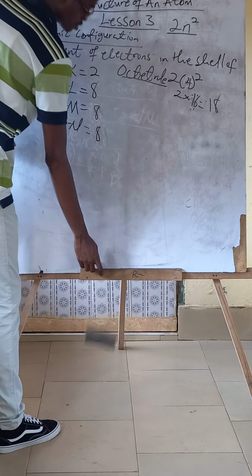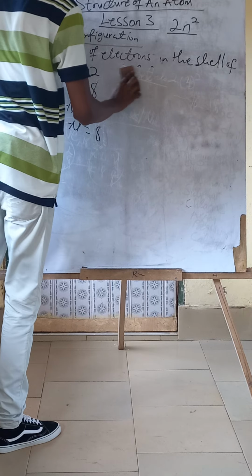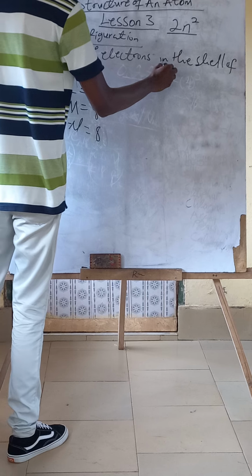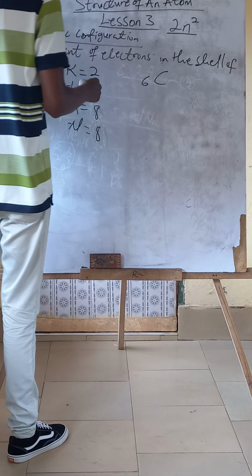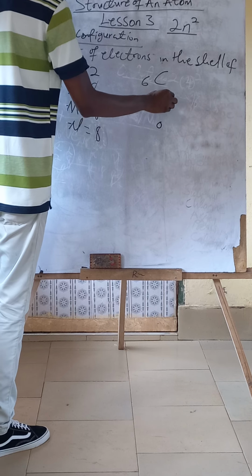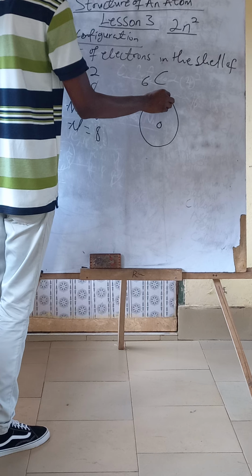So let's see how you can arrange electrons inside the shells of an atom. Let's consider the carbon atom. It has 6 electrons. This is the nucleus. This is the K shell. So the K shell takes a maximum of 2 electrons.